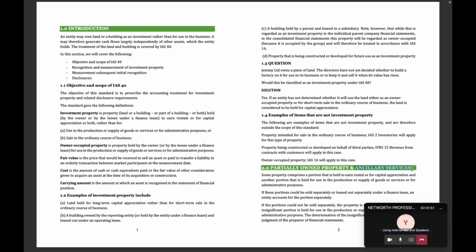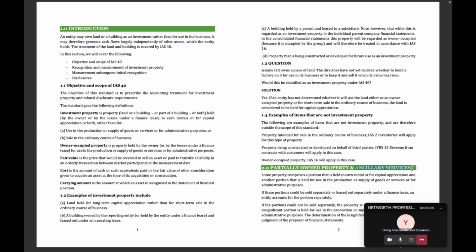For you to be able to do that, you will have an admin office in that building attending to them, because there will be challenges, no water, no light. So you will be on top of that building, because they are paying extra for ancillary service. If ancillary services are significant, then it can't be investment property anymore.